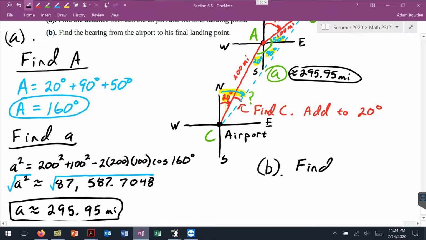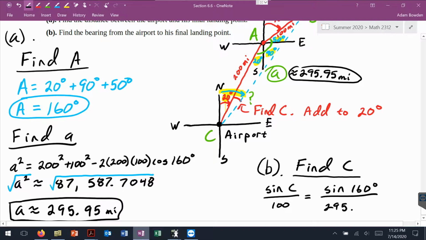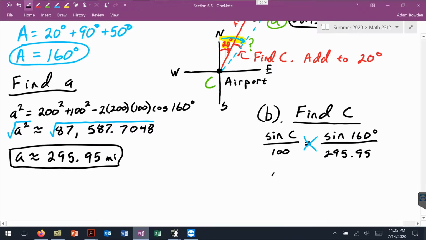Okay, and so to find angle C, we can do a lot of different situations here. I'm actually going to use the law of sines in order to find C. We can do that by sine C over 100 equals sine 160 degrees over 295.95 for A. So we'll cross multiply here, do the solution for sine C. Sine C is going to be equal to 100 sine 160 degrees all over 295.95.